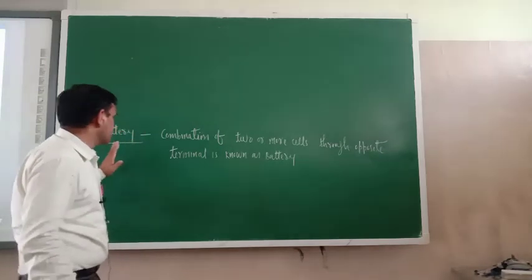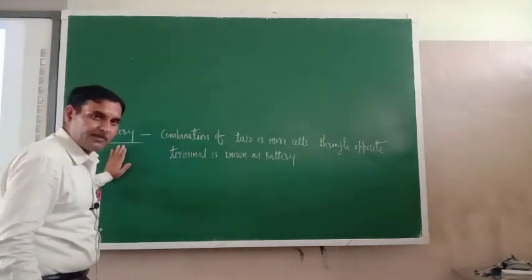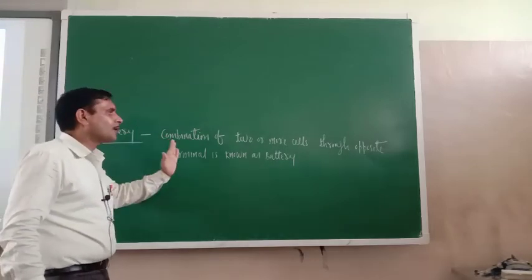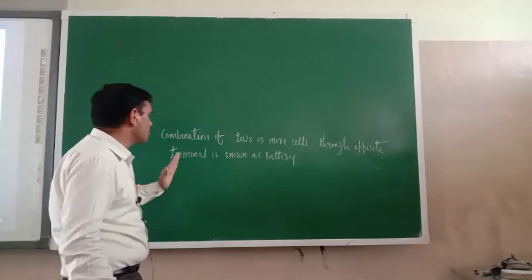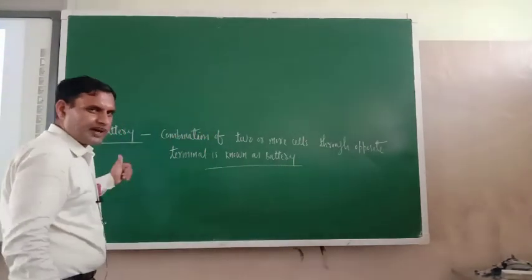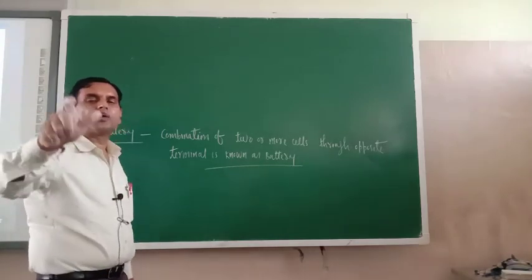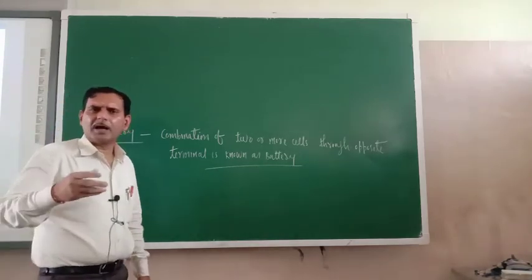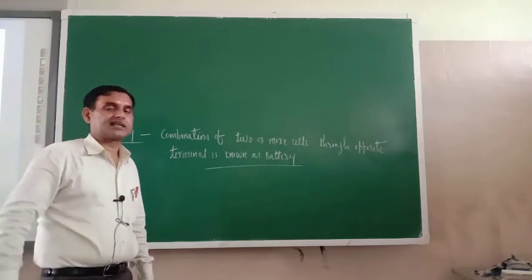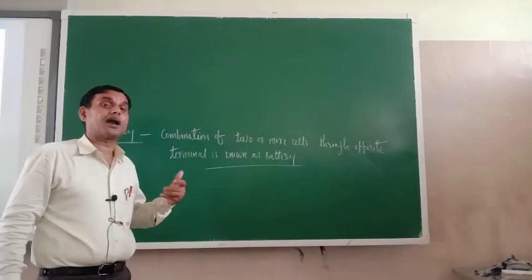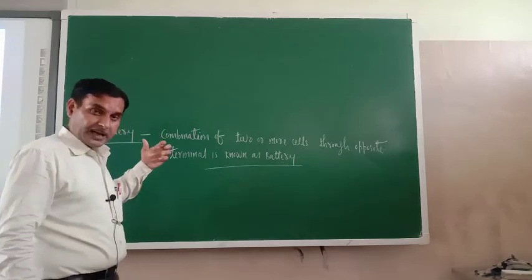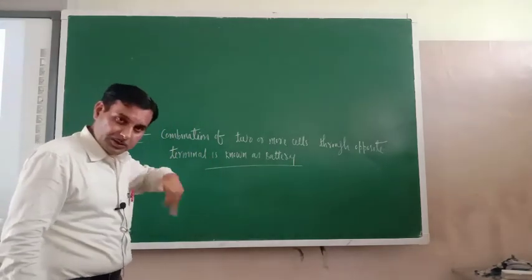One important aspect you might have studied in that video, that is battery. What is the battery? Battery is nothing but a combination of two or more cells through opposite terminal. Suppose you require less ampere current, so 1 or 2 cells are enough. But suppose if you require more ampere electricity, that time you require the combination of so many cells. How should they combine?